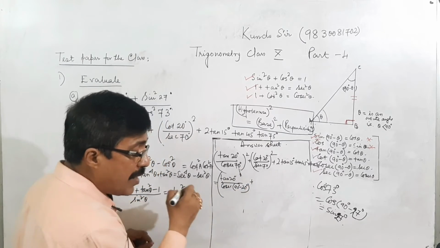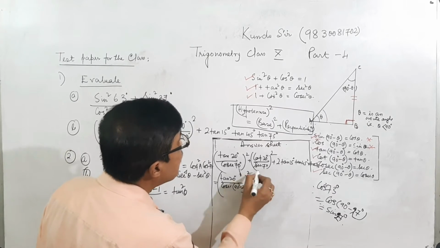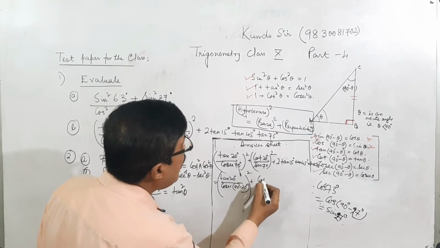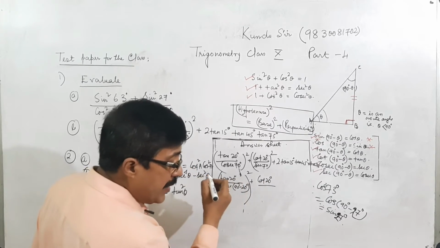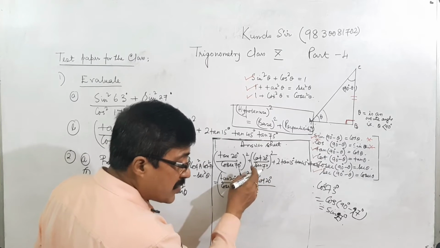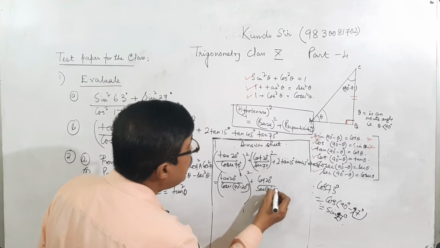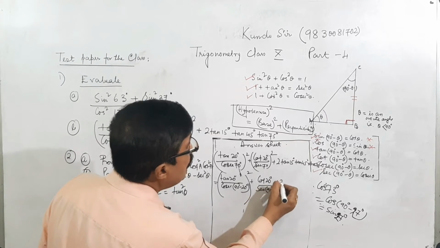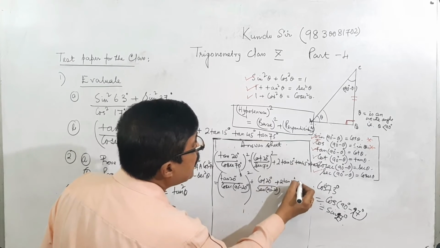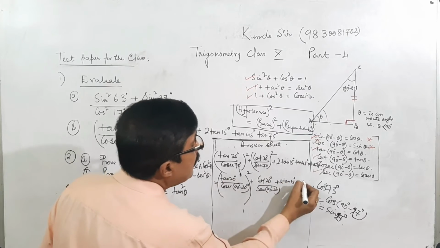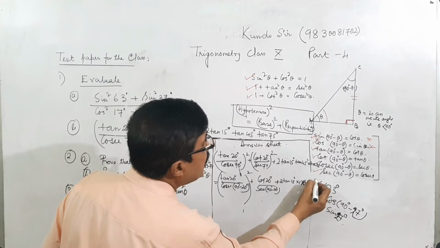Now we are writing here, it is square of this, cot 20 degree we are keeping, and sec 90 degree minus 20 degree, plus 2 tan 15 degree and tan 45 equal to 1 into tan 75 degree.